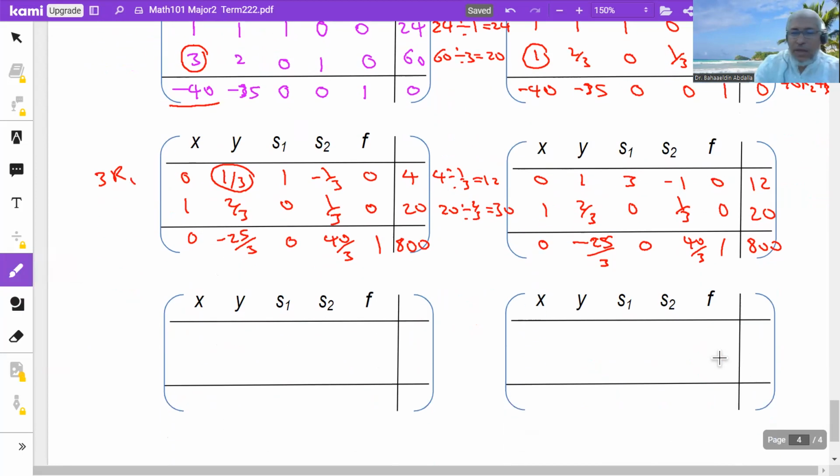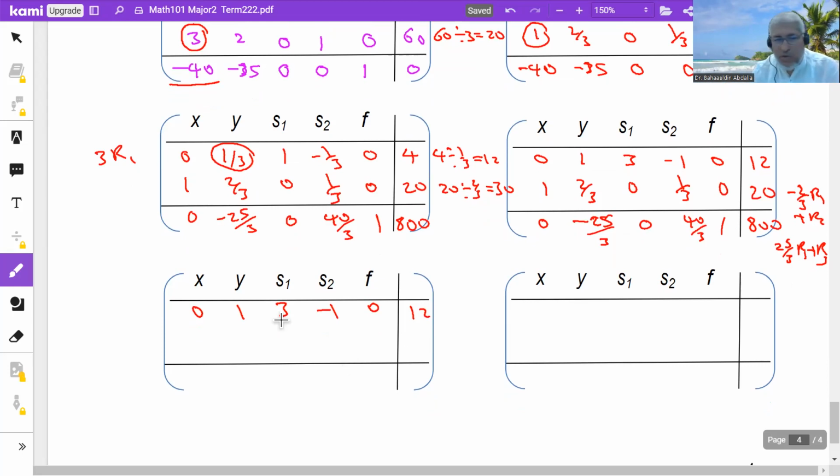All right. And now I'll use this one to make these numbers 0. So -2 over 3 R1 plus R2. And 25 over 3 R1 plus R3. So the first row will be as it is. And now the second row.